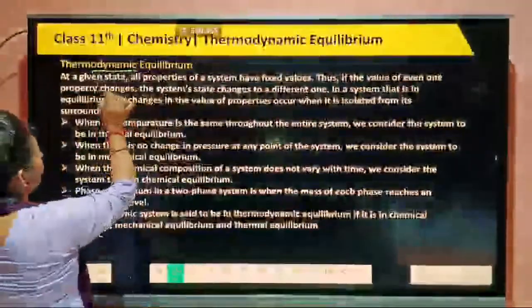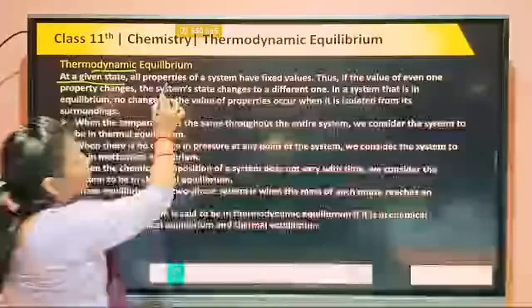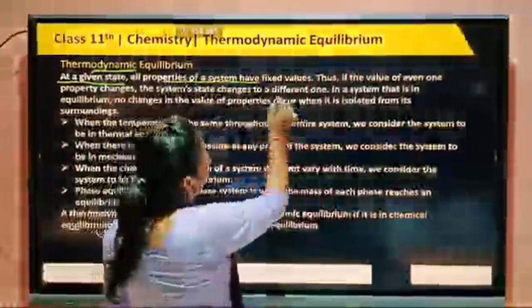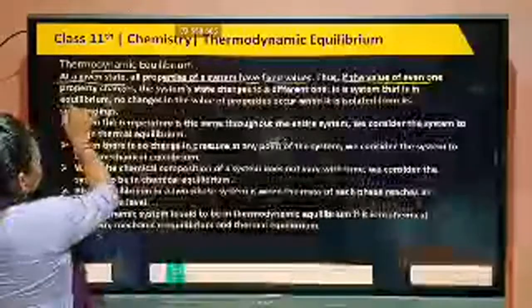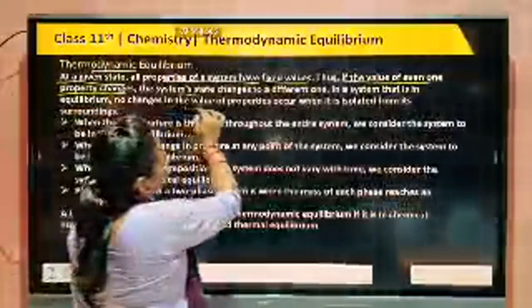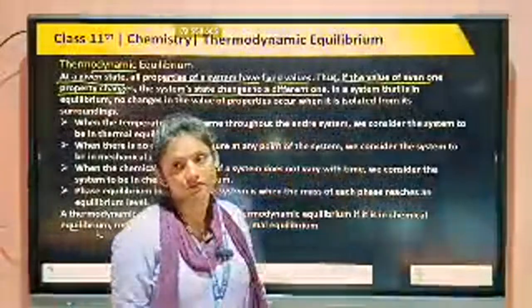Students, at a given state, all properties of a system have fixed values. Thus, if the value of even one property changes, the system state changes to a different one.